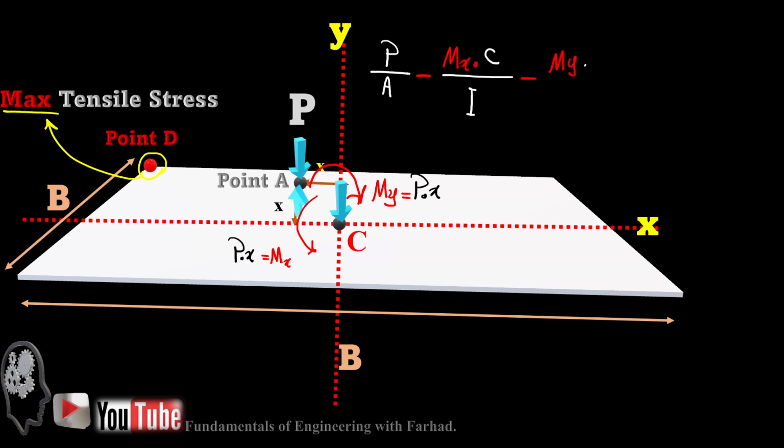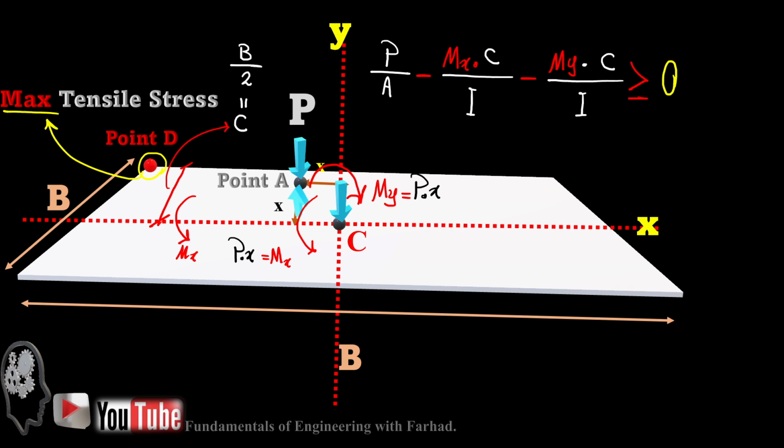So let's see, P over A, force over the area of foundation, minus M_x times c over moment of inertia, minus M_y times c over moment of inertia, if it's bigger than 0, then no point in our foundation is under tensile force.